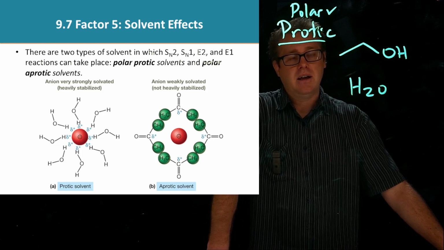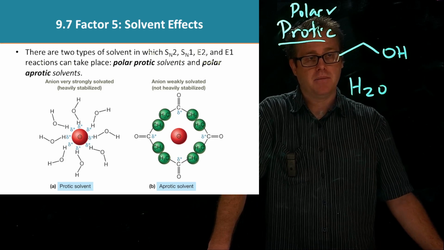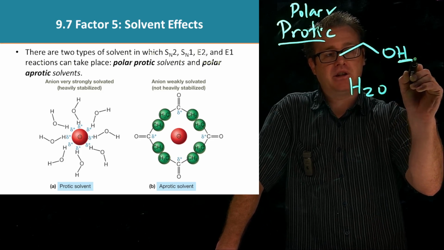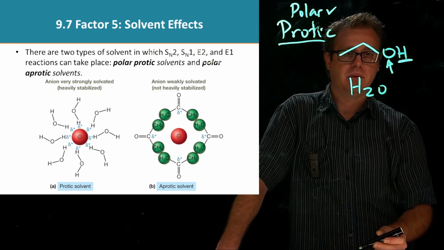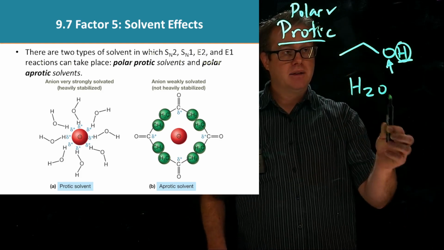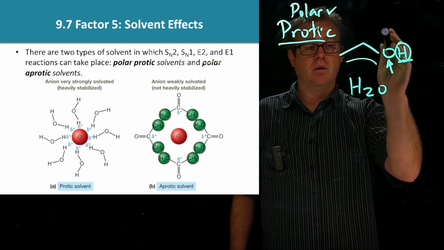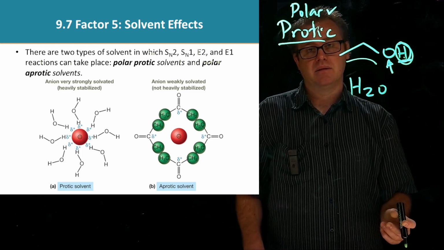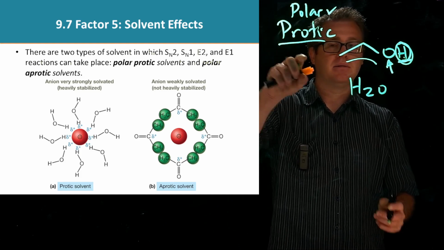The proton of interest has to be one that can hydrogen bond. How do we know if a hydrogen bond can form? If the hydrogen is attached to a fluorine, oxygen, or nitrogen atom. So this hydrogen right there can hydrogen bond. And because we have a molecule that has a hydrogen attached to an oxygen, fluorine, or nitrogen, that can hydrogen bond, that makes it a protic solvent. So the protic is referring to a proton that can hydrogen bond.